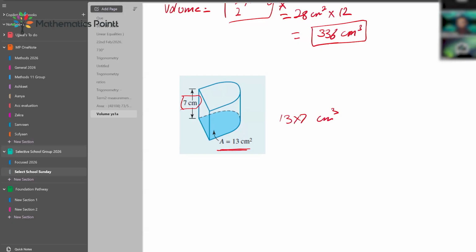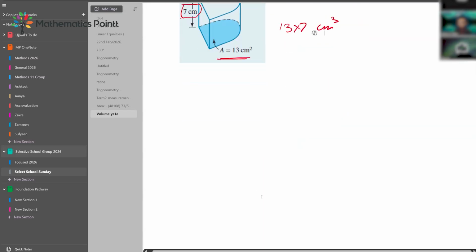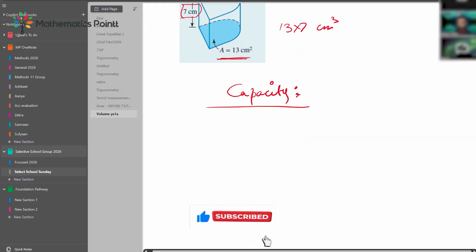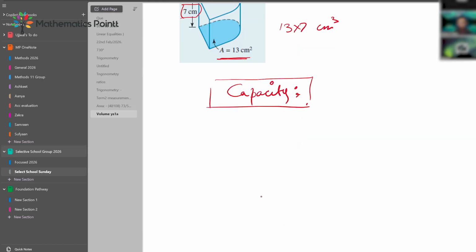Now, we talk about something called capacity. Capacity is if your 3D object is hollow.